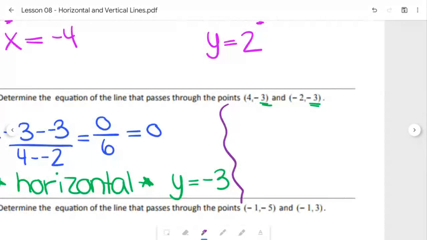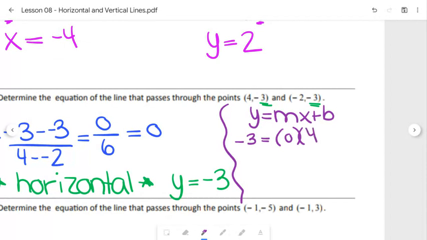So we know our slope was 0. Let's say I went to plug into y equals mx plus b, right? We know that's our equation of a line. If I were to plug in either point, so let's say negative 3 equals, my slope is 0. My x value could be either one, right?